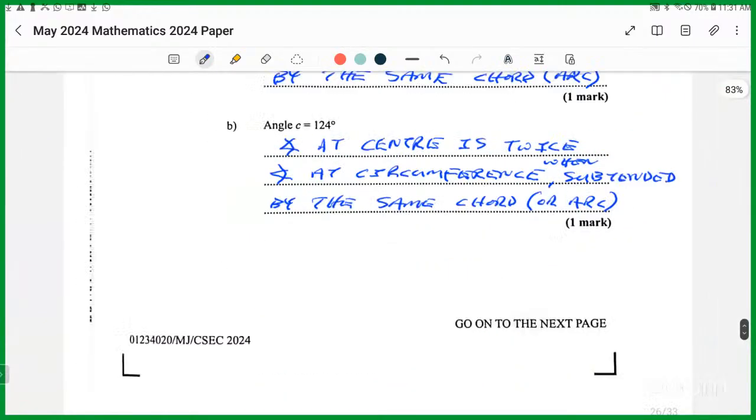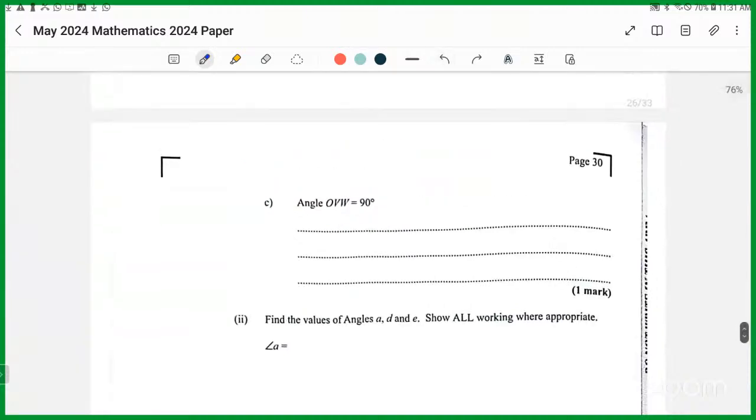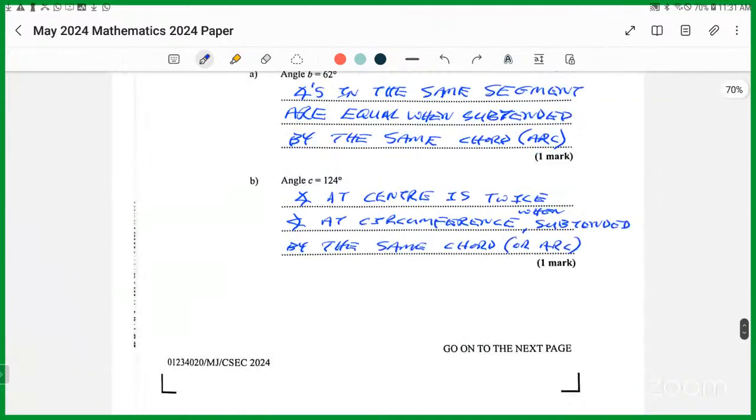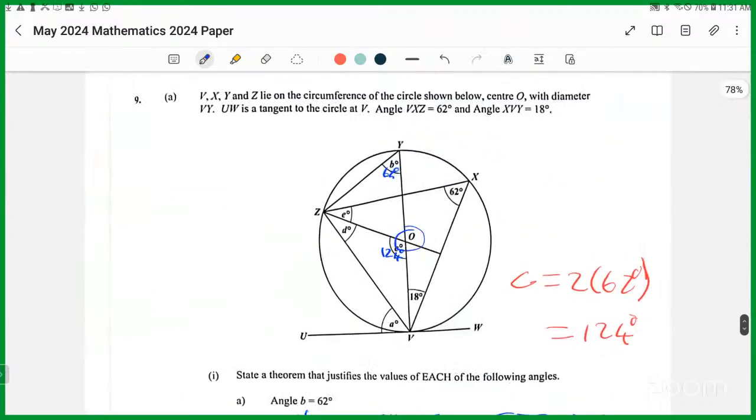Alright, which other angle do I want now? Let's say, explain why this angle is 90 degrees. That's the angle OVW. Let's see why it is 90 degrees. Angle OVW, that's this angle right here. But that's the angle between a tangent and a radius.